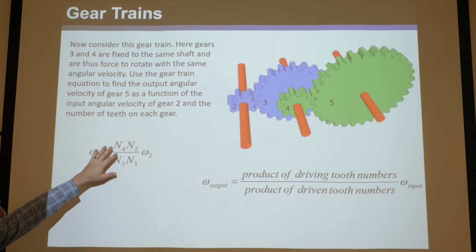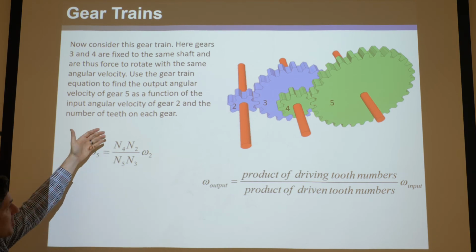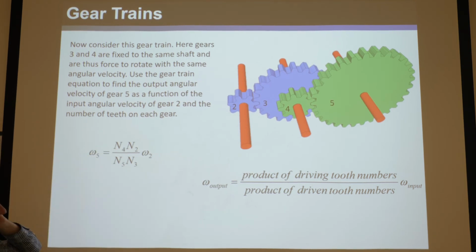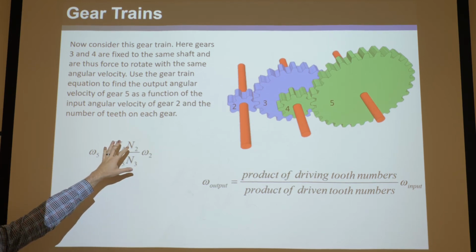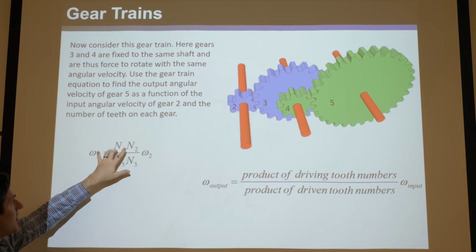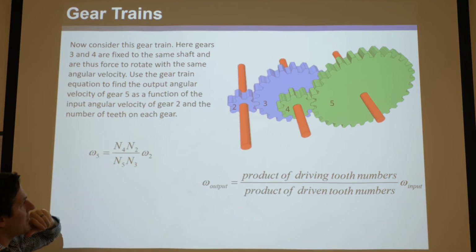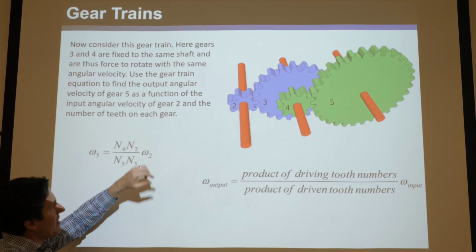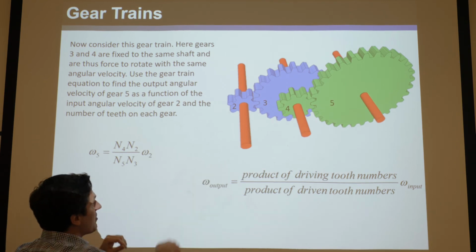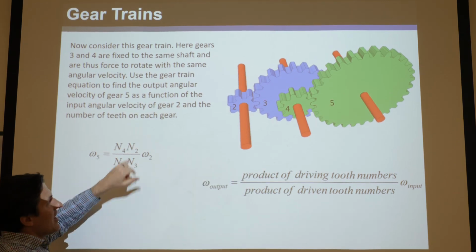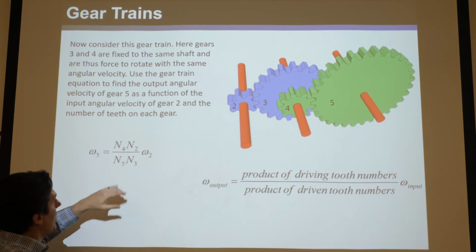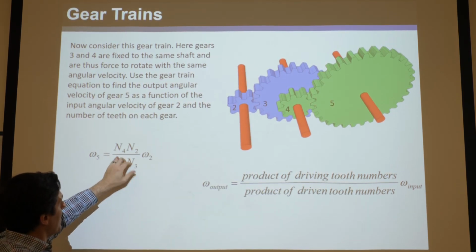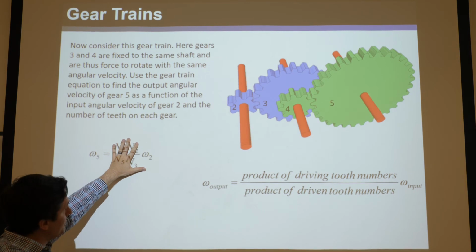So by using this trick, you basically find that nothing cancels, and you can do incredible things with the ratio of input to output angular velocity, okay? If you make 2 and 4 very small, which we've done here, that means there are few teeth, and then you make 3 and 5 huge, and there's space because 3 is behind 5, right? Then this gets huge, and this number is a tiny number.